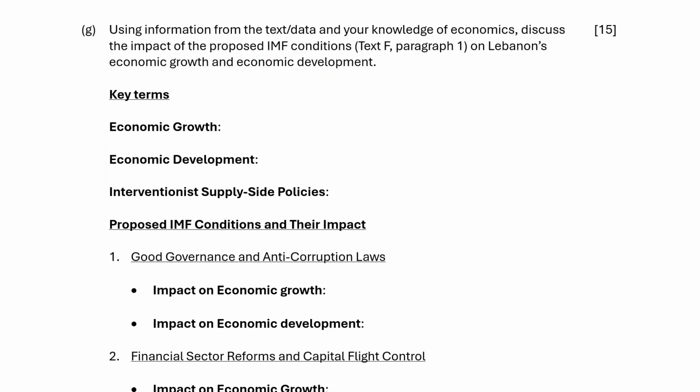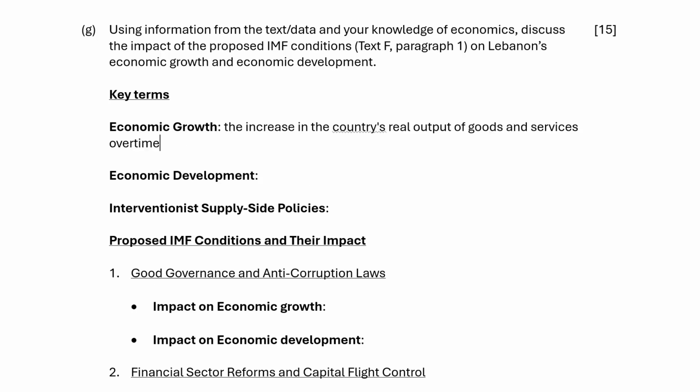Okay, so let's begin by looking at the first key term, which is over here on economic growth. The increase in a country's real output of goods and services over time, measured by GDP.